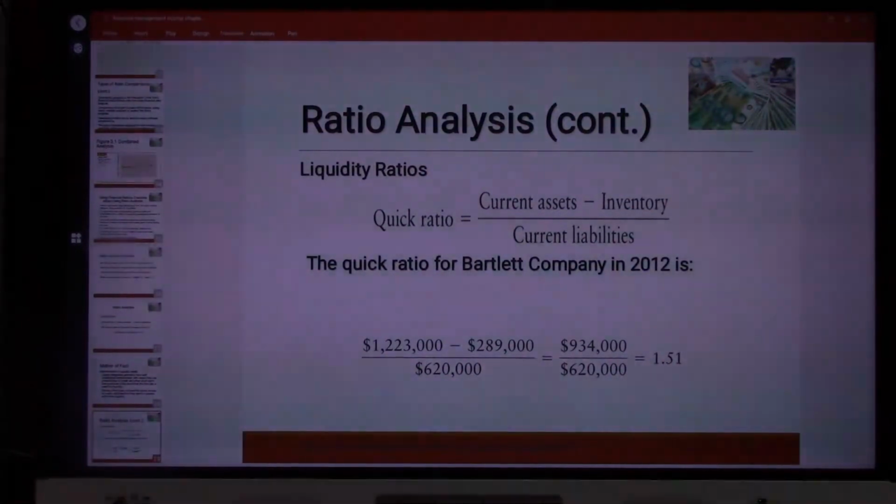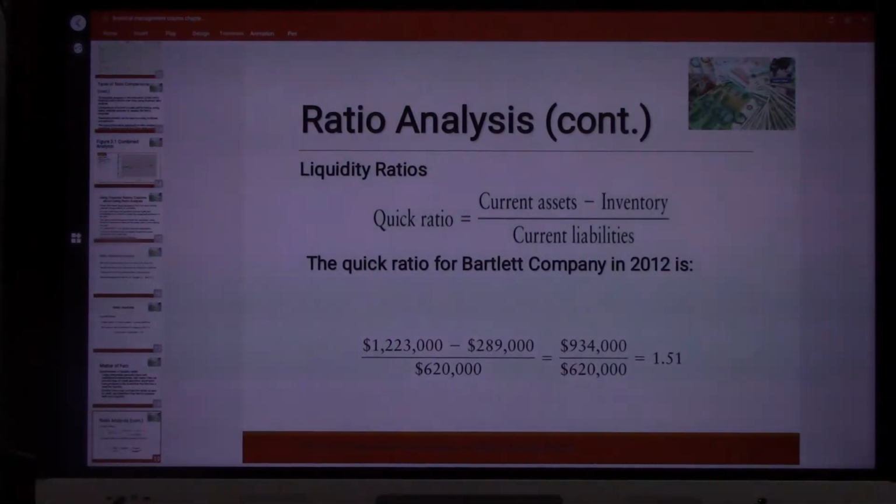Another type of ratio is the liquidity ratio, and regarding the previous ratio, many studies informed us that it's not accurate enough. Why is it not accurate enough? Because if you look at current assets, they consist of cash, accounts receivable, marketable securities, and inventory.